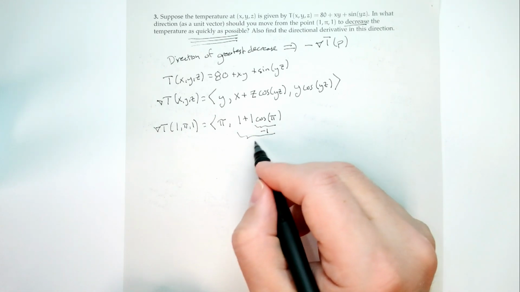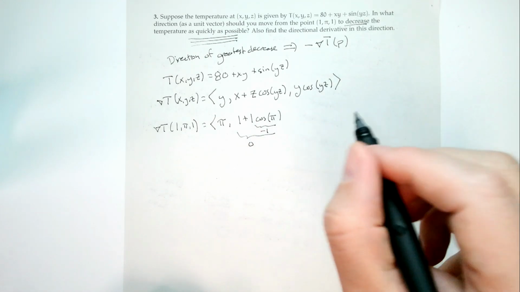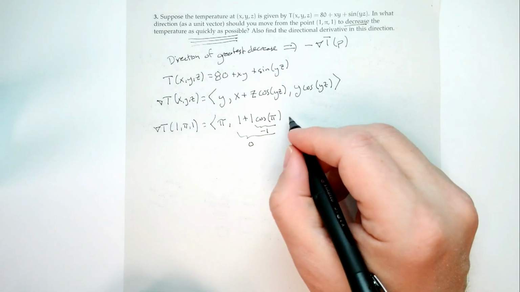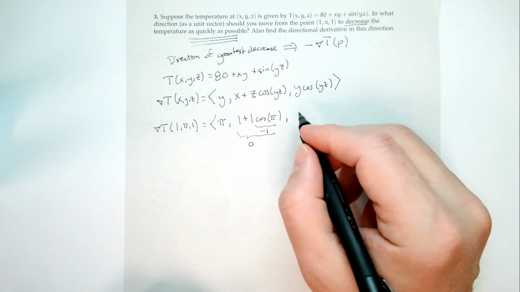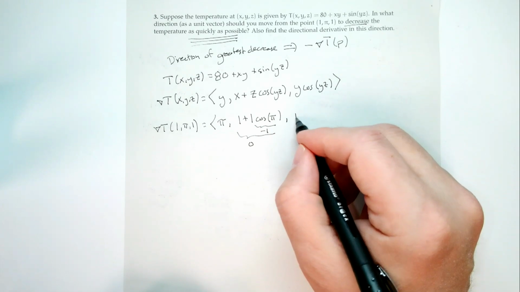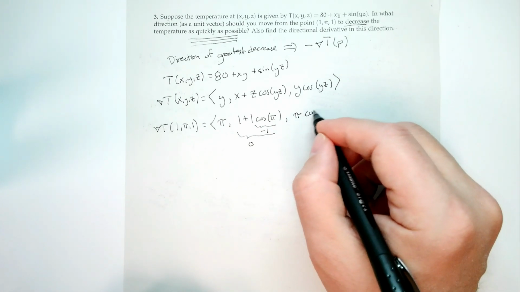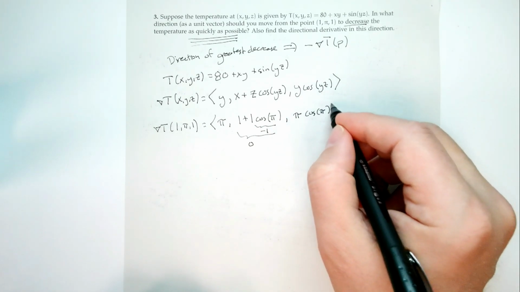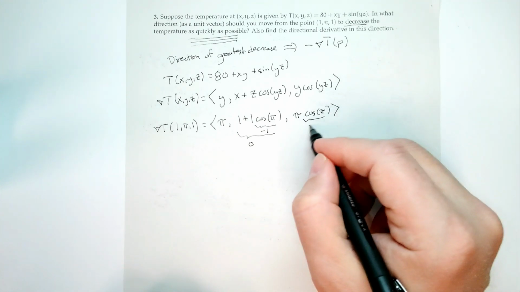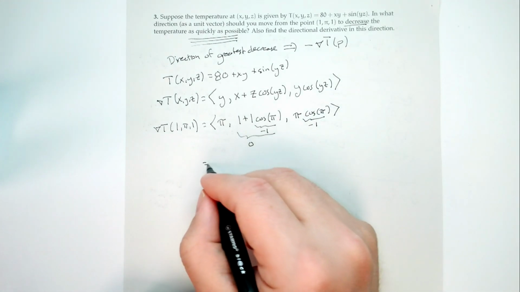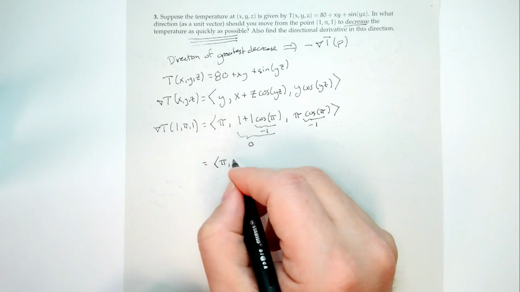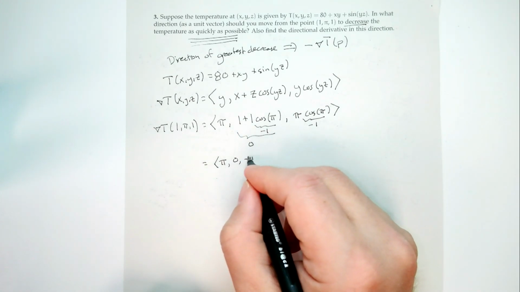So this whole thing is 0. Well, that's rather convenient. And then in the last slot, what do we get? Well, we get pi times cosine of pi. But again, cosine of pi is negative 1. So we end up with (pi, 0, negative pi).